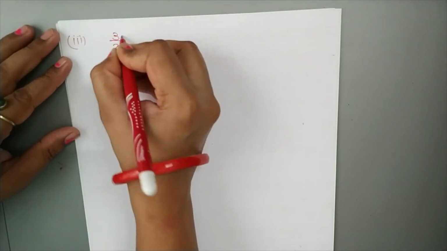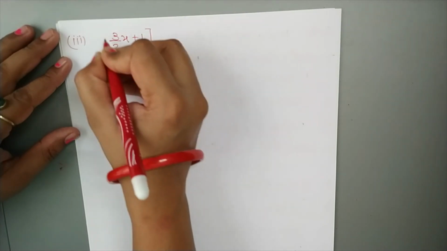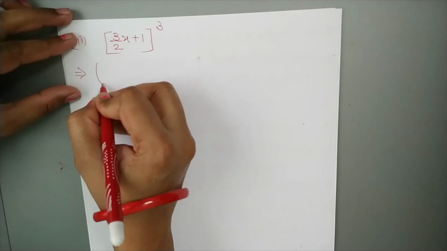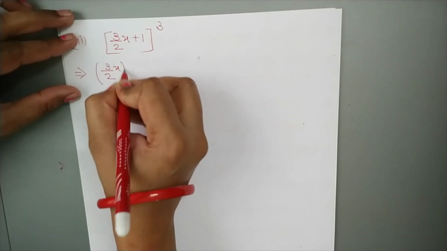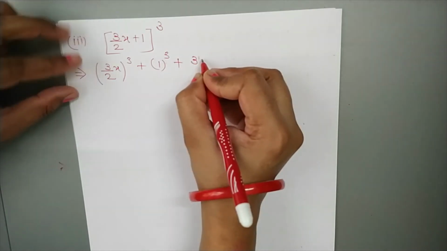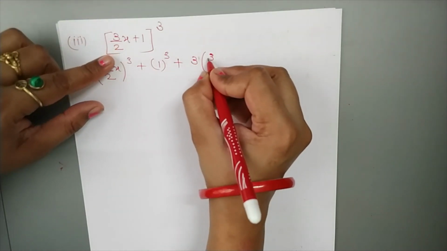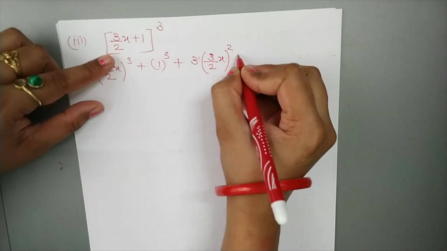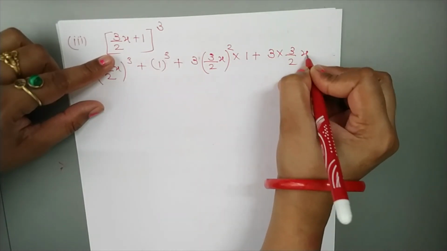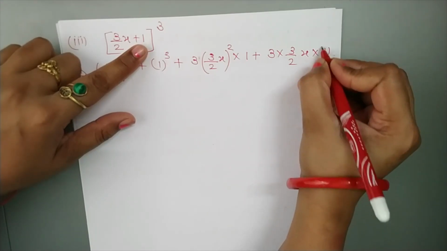Now the third part will be 3 upon 2x plus 1 whole cube. So first bracket 3 by 2x whole cube plus 1 cube plus 3a square, that is 3 upon 2x whole square into 1, plus 3 into 3 by 2x then 1 whole square.